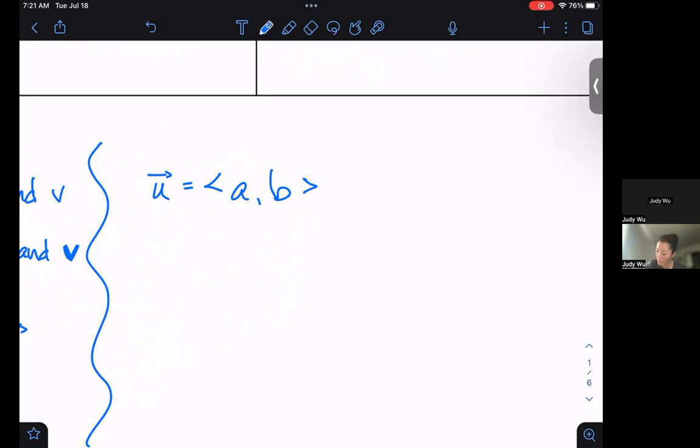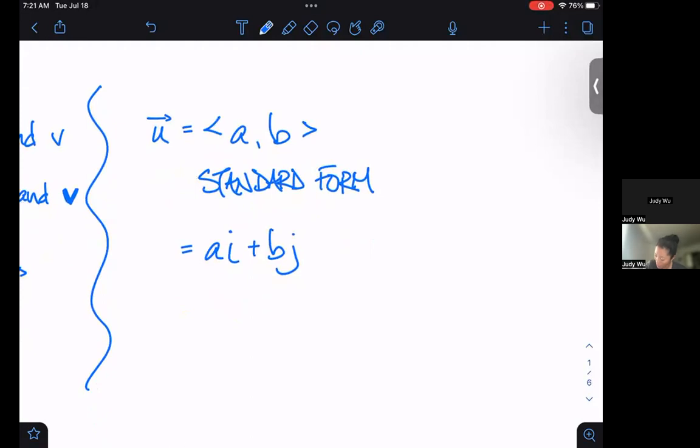So it might look like this. And we would call this one standard form. Or we might have something like this, ai plus bj. And that one we call rectangular form.